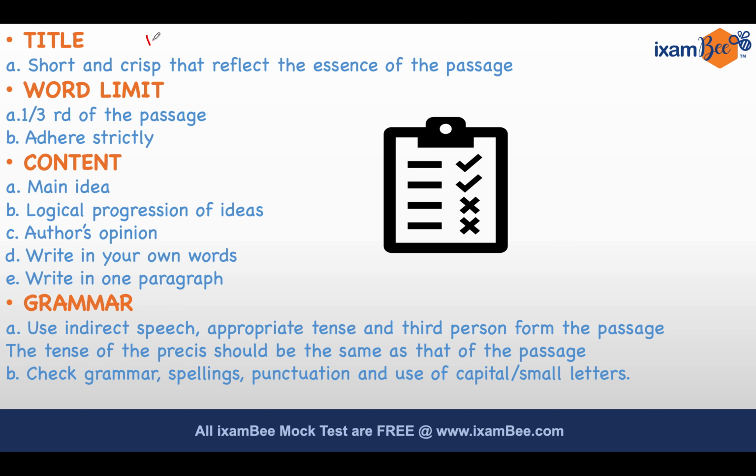You have some marks, some weightage given to the title. And as I said, it should be crisp and precise, and it should reflect the essence of the passage. Try to frame your title in such a manner that it's not only catchy and crisp, but at the same time, it should talk about the main idea of the passage.